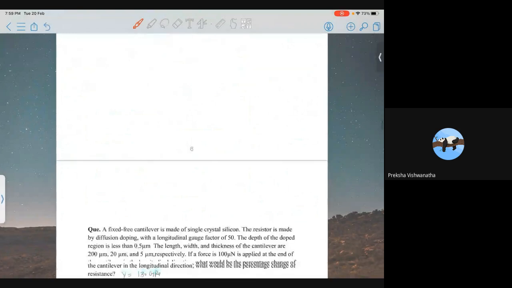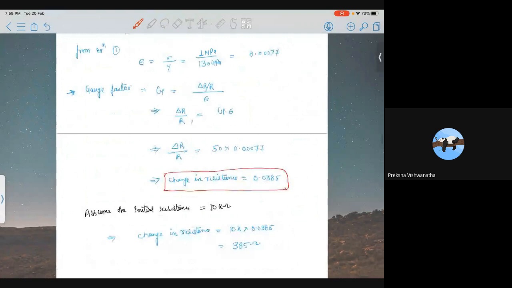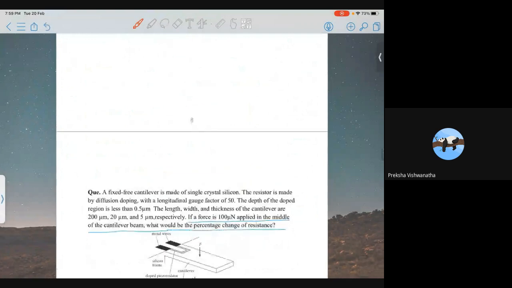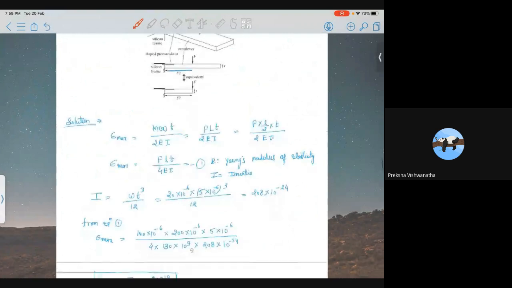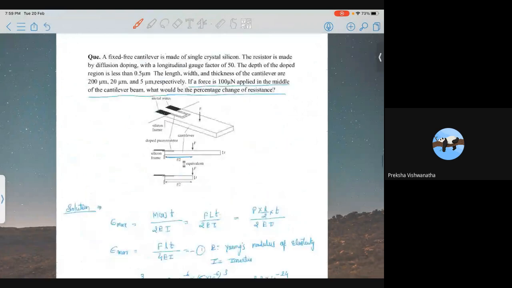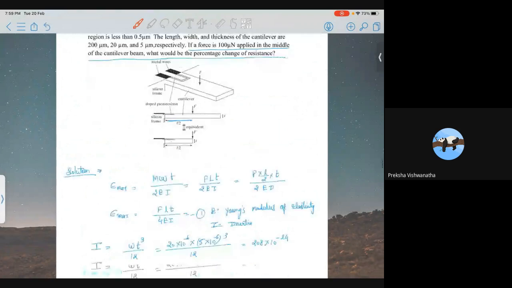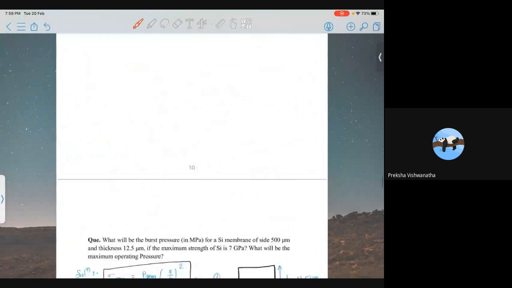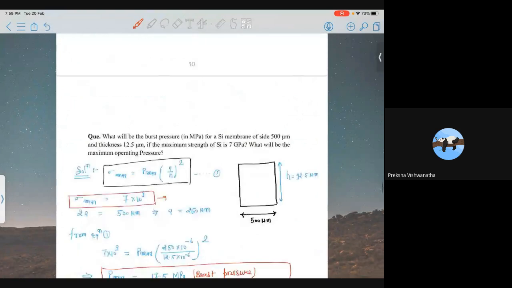Then we have solved some problems based on piezoelectric sensors. What happens if we apply a longitudinal force? Then what happens if we apply a force in the transverse direction at the midpoint of the cantilever beam? We have calculated the change in resistance for both conditions.